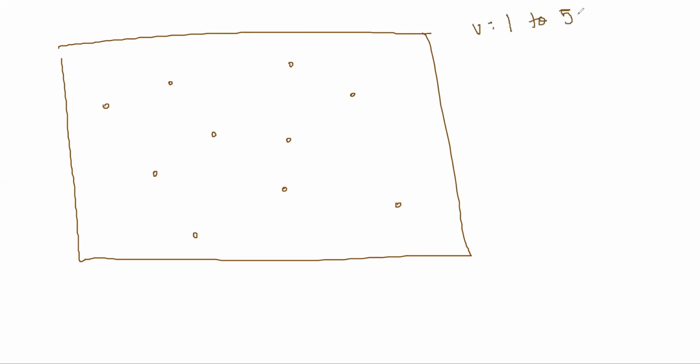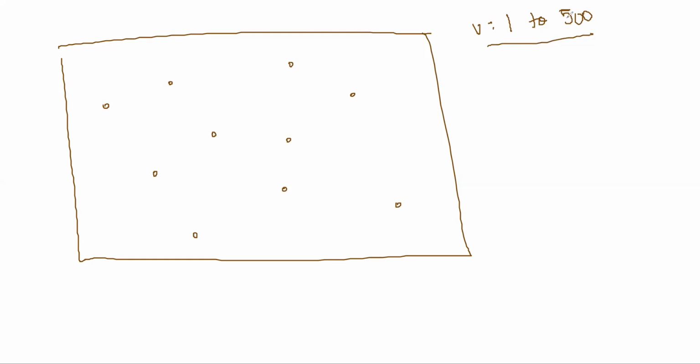So let's say that there is a gas. It has many molecules. Now let's say the speeds of the molecules can be from 1 to 500, and it can be integer values only.